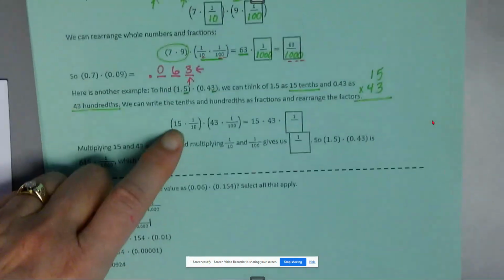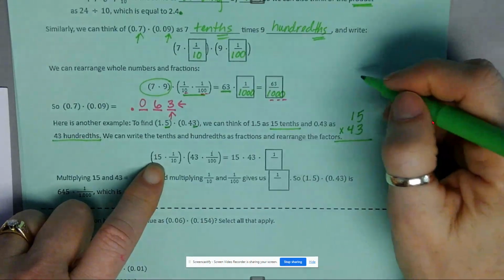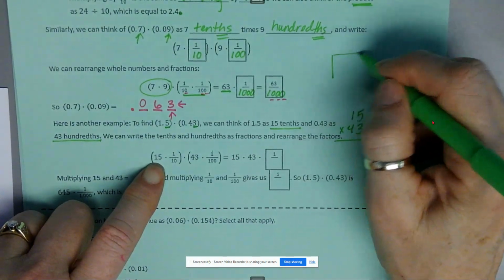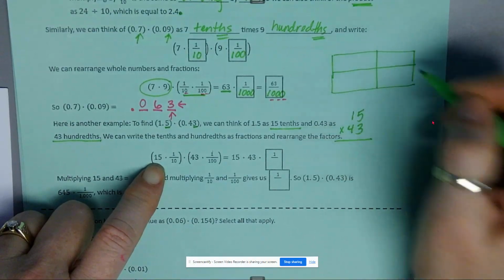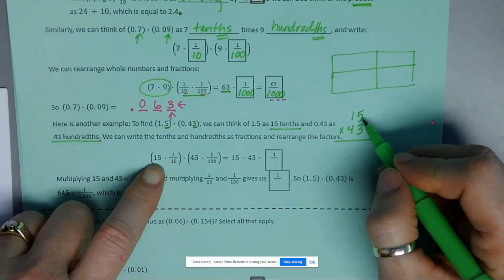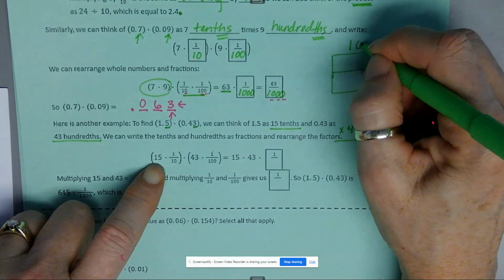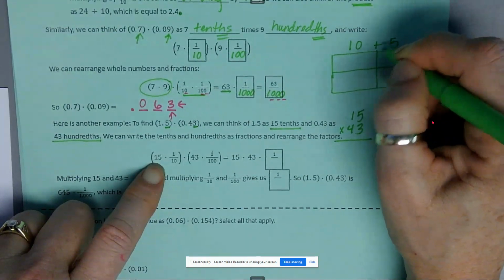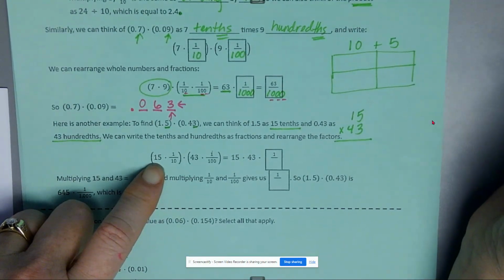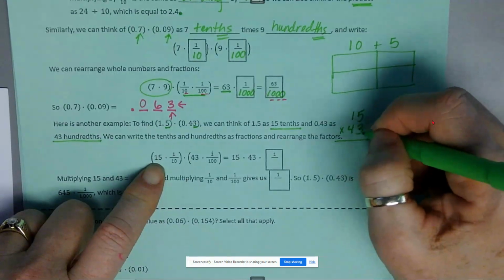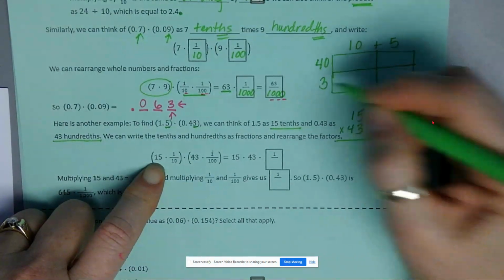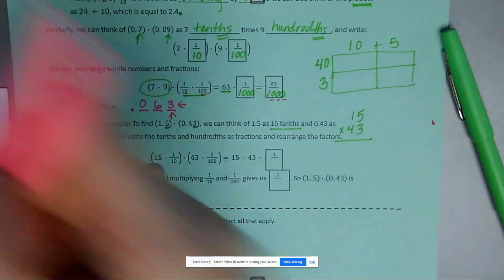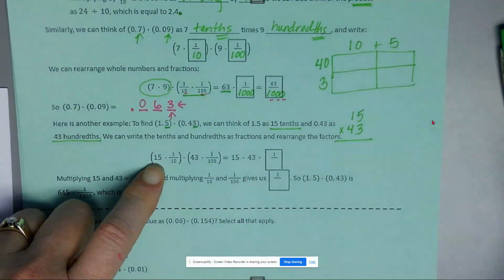One thing I'm noticing is a lot of kids do not remember how to multiply. An easier strategy is to do an area model. I like area models because I'm taking that 15 and I'm breaking it into two easier numbers. I always go to a 10 when I do area model. And then 43. And then remember what we know about area from the beginning of the year.